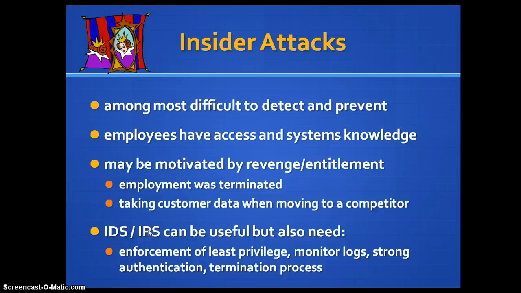Up till now there is no 100% prevention. It can be useful, but we also need enforcement of least privilege, monitoring logs, strong authentication, and a termination process. These are different ways we need to make use of intrusion detection system and intrusion prevention system.